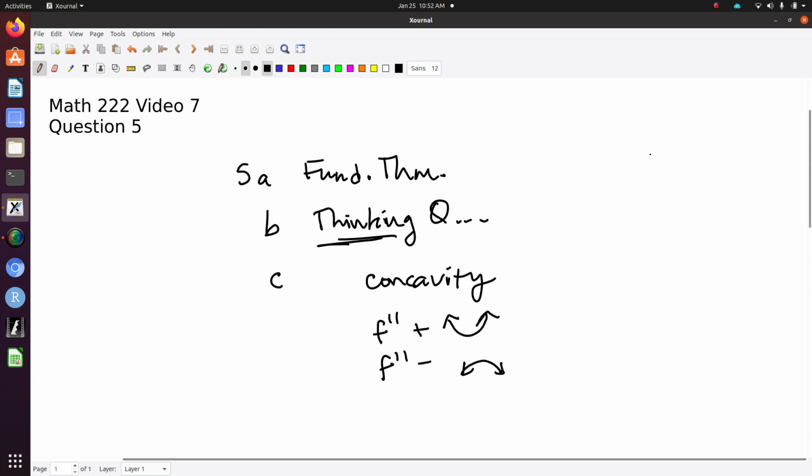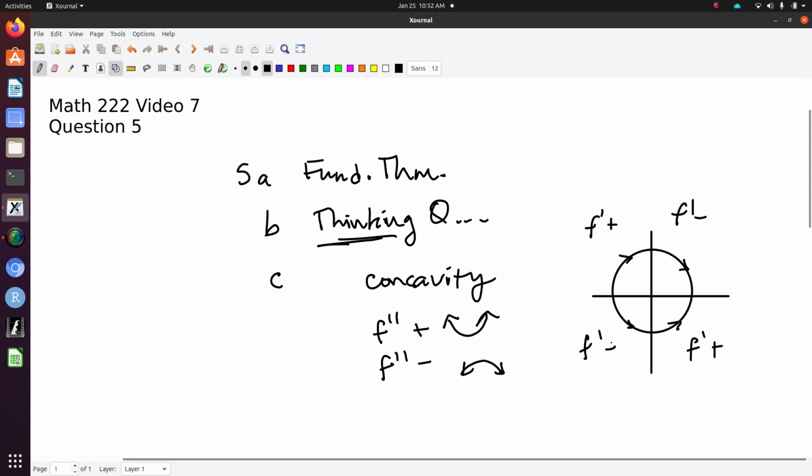So I like to think in terms of a circle, and if I have a circle here, I split it into 4 pieces, and then I think of it as being the 4 prototypical function bits. Here I have f prime positive, and here I also have f prime positive, so f prime is negative in the other 2 quadrants.